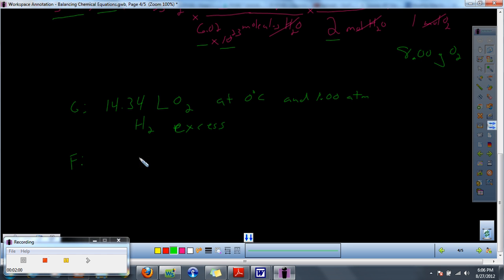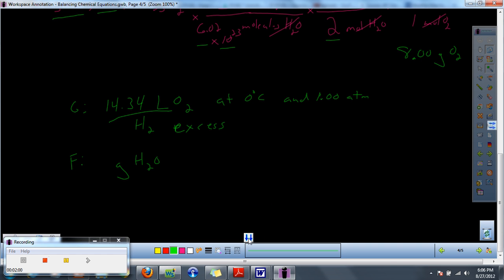So find the number of grams of water that should be produced, your theoretical yield, if 14.34 liters of O2 at standard temperature and pressure react with an excess of H2.